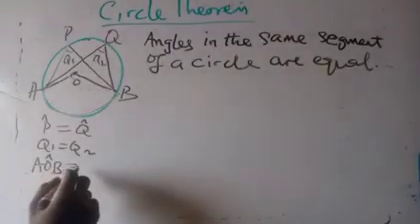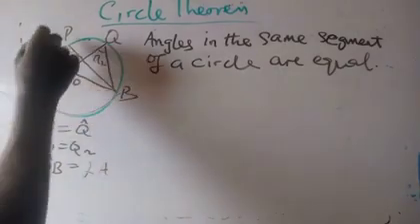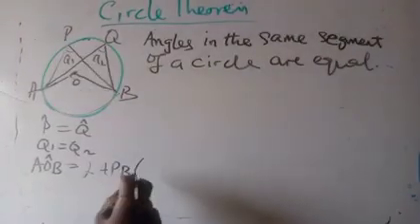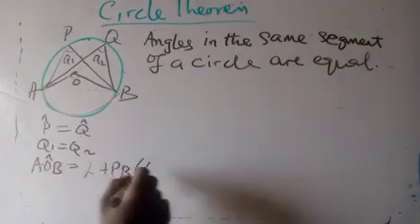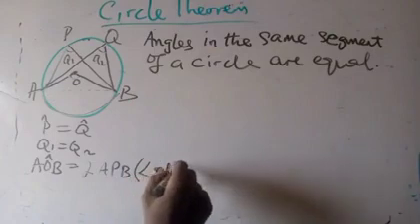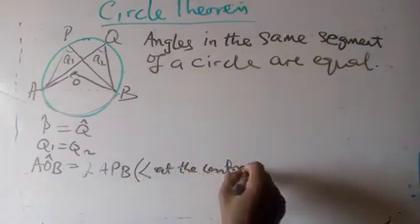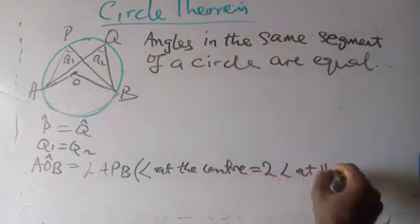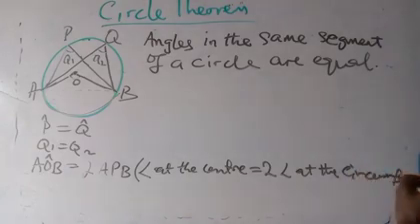Therefore, we are having 2APB. The reason is that angle at the center equals twice angle at the circumference.